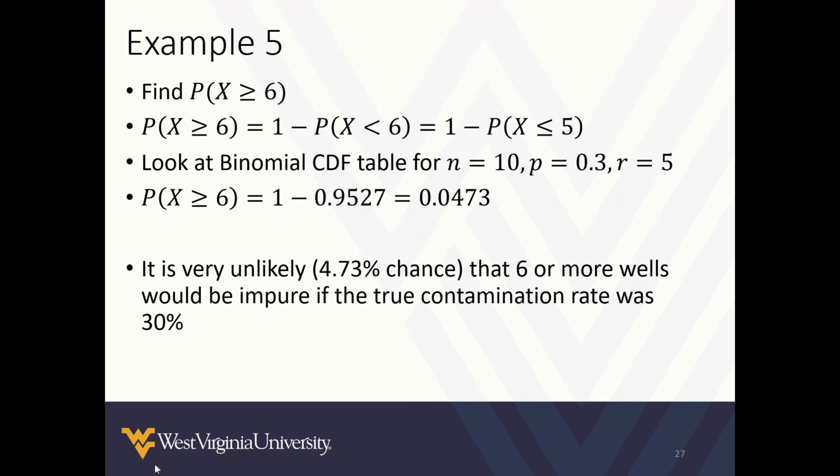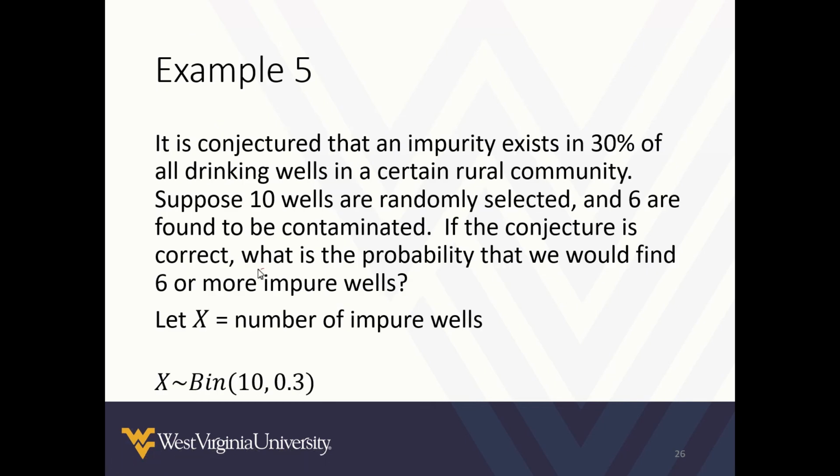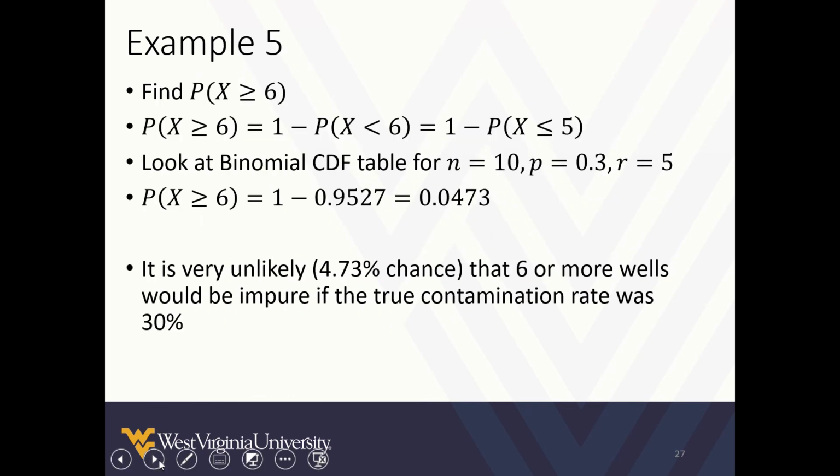In this case, we wanted to find the probability that we would find 6 or more impure wells. So we were asked to find the probability of X greater than or equal to 6. Now, finding the probability of X greater than or equal to 6, once again, you have two options.